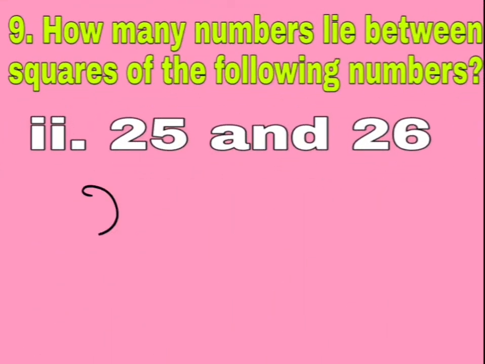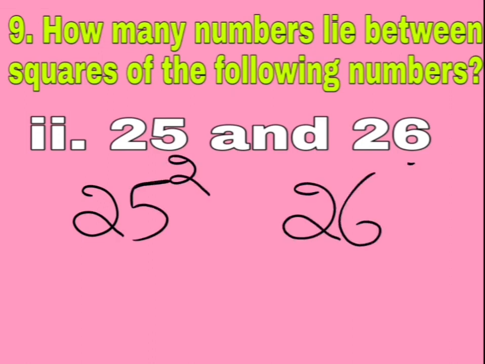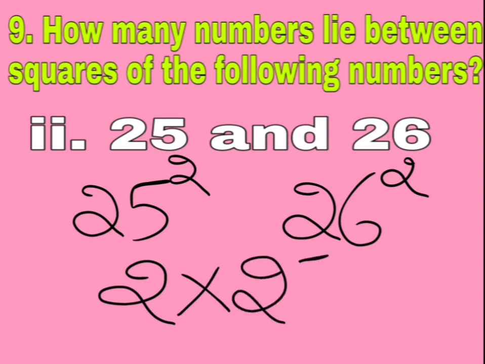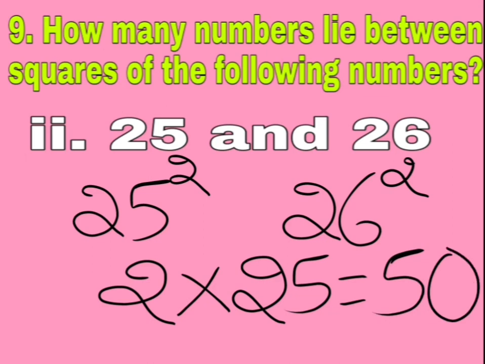Next is 25 square and 26 square. Don't do any calculation, don't find the squares, just multiply the first number, 25, by 2. 2 twenty-fives are 50. So we are going to get 50 numbers between 25 square and 26 square.